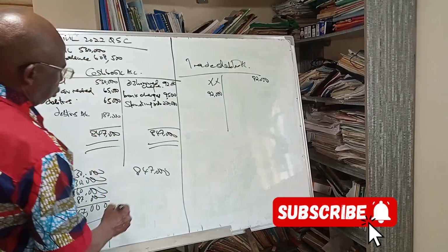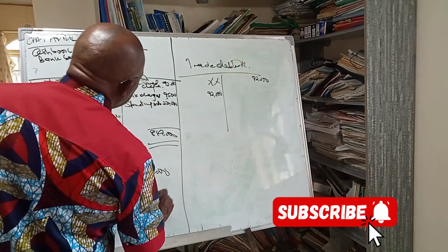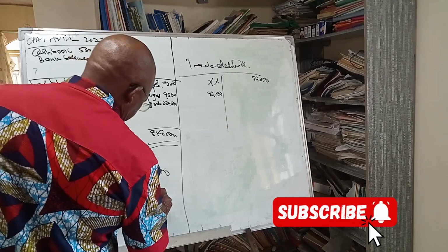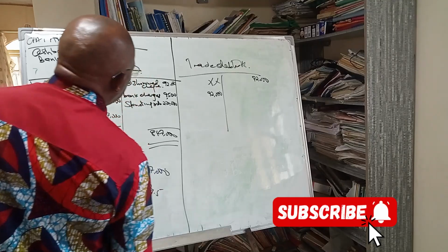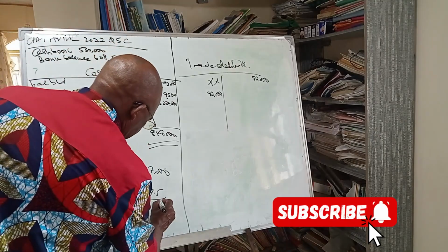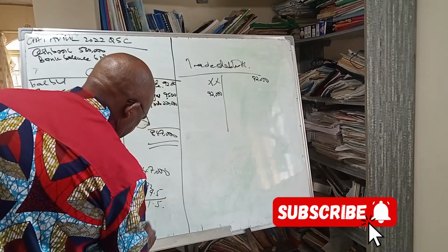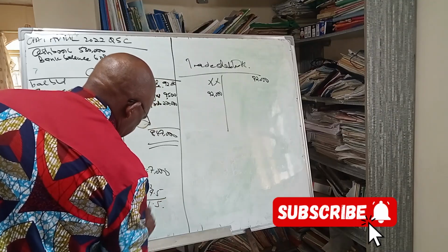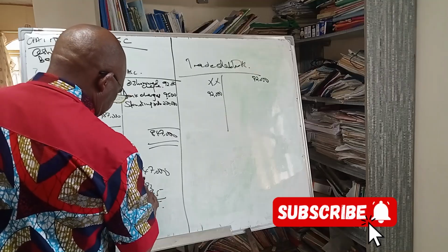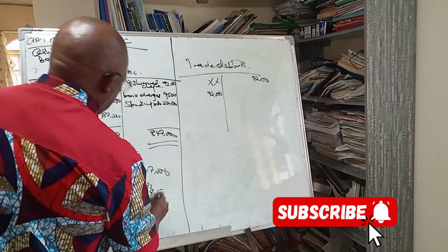847 minus 92 plus 9,500. We get 0.5, 11, 10, plus 230.